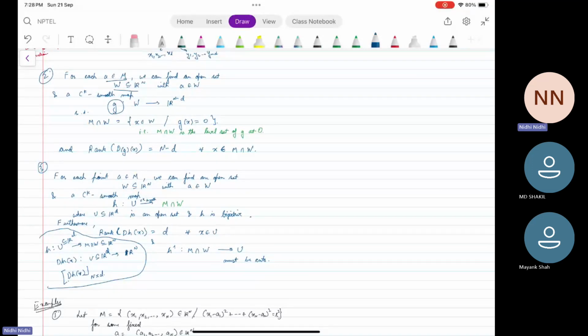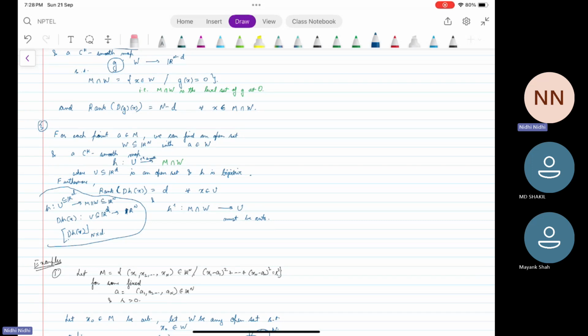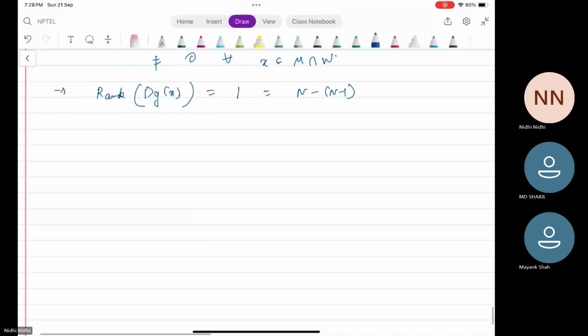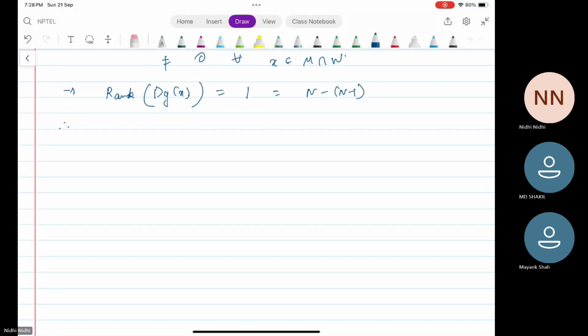Therefore, by the second definition of the manifold, this M, basically the sphere in R^n, is a manifold. Therefore M, which is the set of all those points x1, x2, ..., xn such that (x1 minus a1) square plus (x2 minus a2) square plus up to (xn minus an) square is equal to r square, is a manifold. Since a and r are arbitrary, with r positive, we can say that any sphere is a manifold.